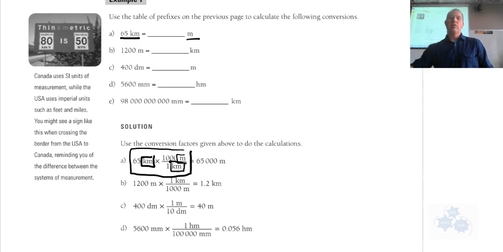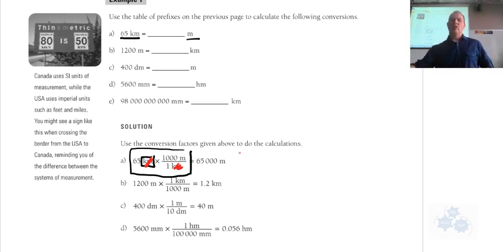Then you write the conversion factor as a relationship between the unit that you're given and the unit that you want. So 1 kilometer goes on the bottom and 1,000 meters goes on top. When you multiply these two numbers, the kilometers cancel out, and you're left with 65 times 1,000 meters.